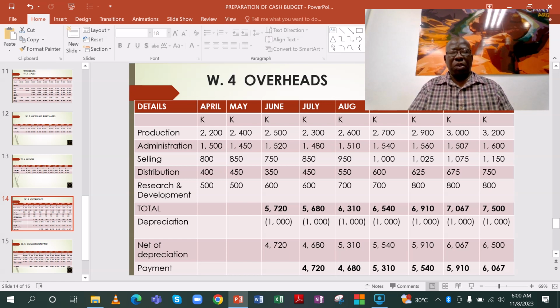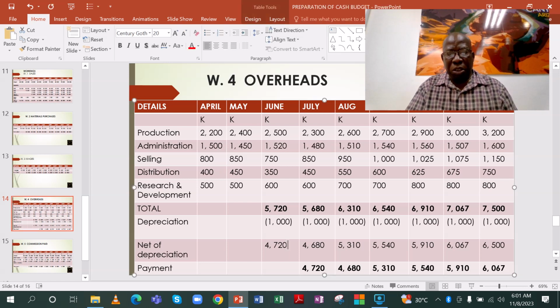But remember that we are told there is also a lag in payment by 1 month for overheads. It means that the amount we accumulated for overheads in June will be paid in July. The amount of overheads accumulated in July will be paid in August. This pattern continues until you finish. And we are only interested in the figures from July to December.